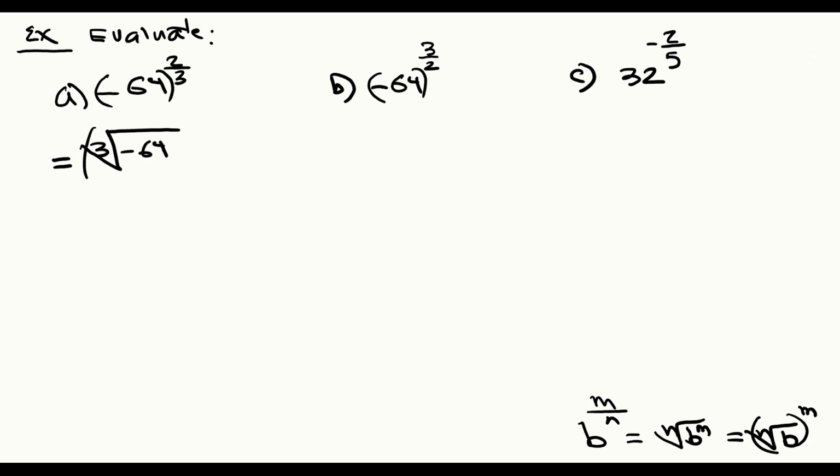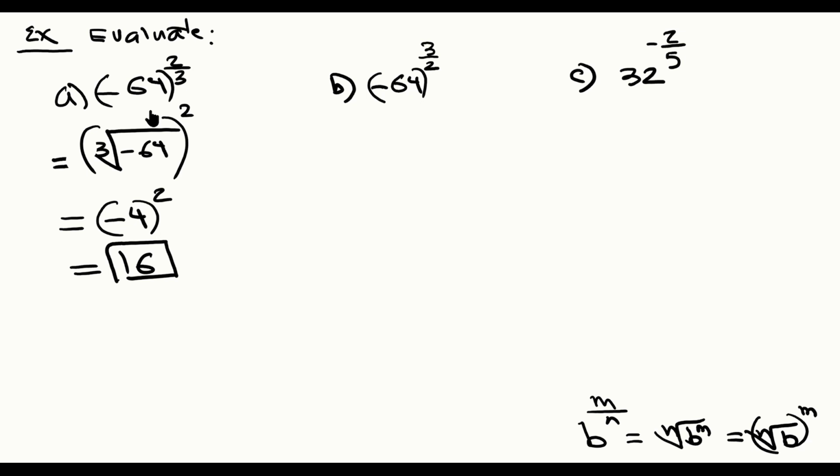And then we're going to raise that to the power of 2. So we know that the cube root of negative 64 is the number that we have to cube to get negative 64. So if you think about it, that's just negative 4, and we're going to go ahead and square that, and we're going to get positive 16.